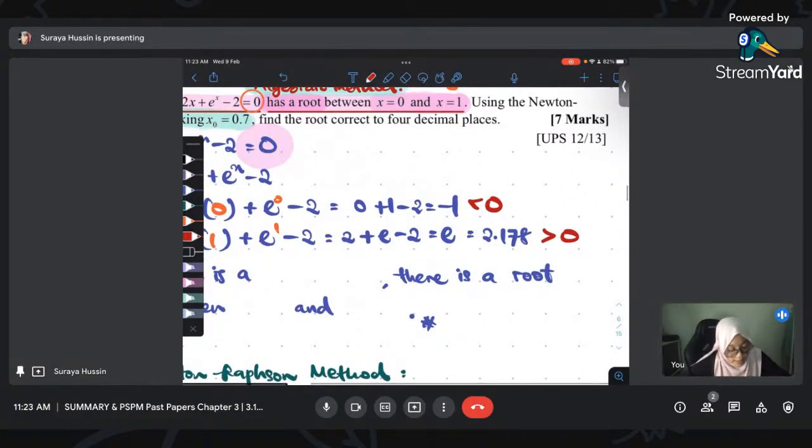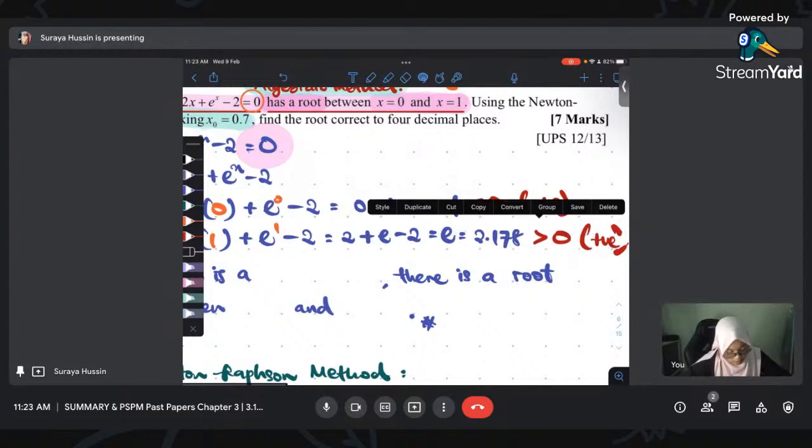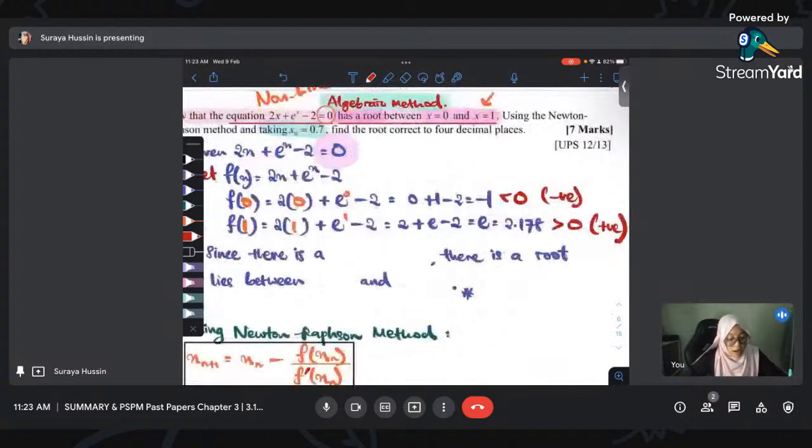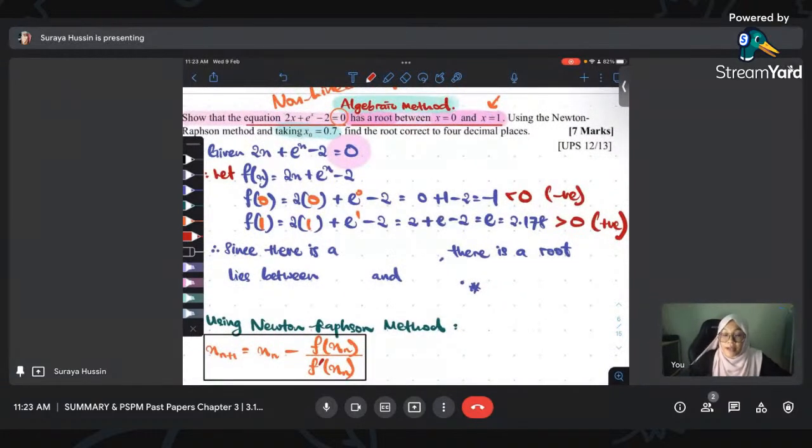So when it is less than 0, it means it has a negative sign, while here is a positive sign. So kalau kamu berjaya mendapatkan dua sign yang berbeza, you have to make a conclusion.